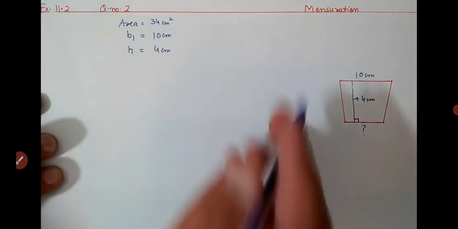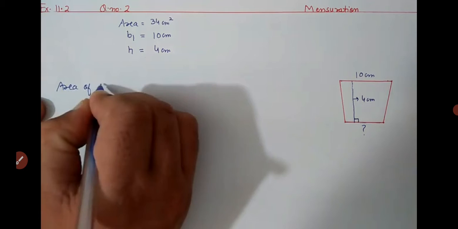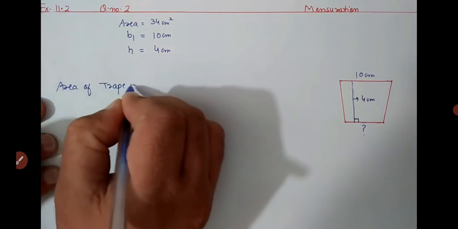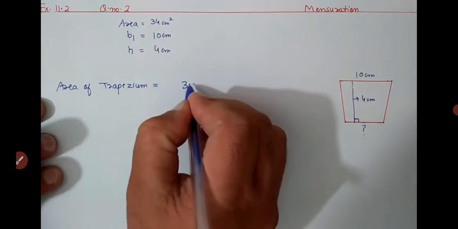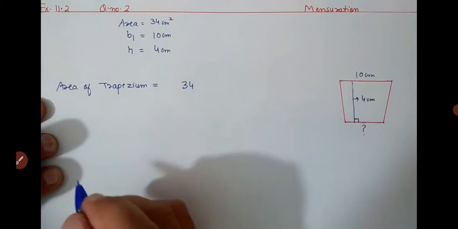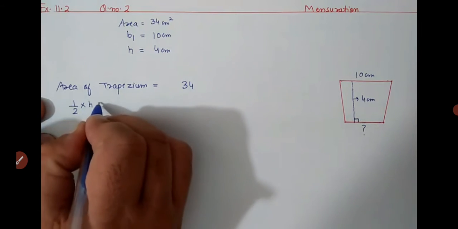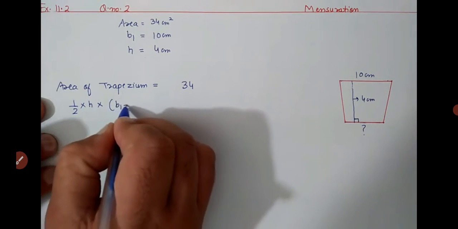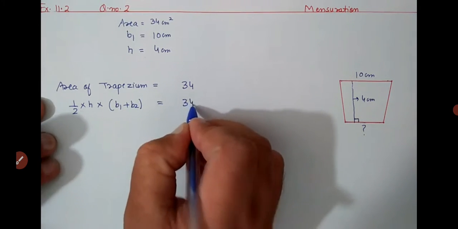So what is the area of a trapezium? Area of trapezium is equal to 1 by 2 h into (b1 plus b2), and the area is 34 centimeter square.